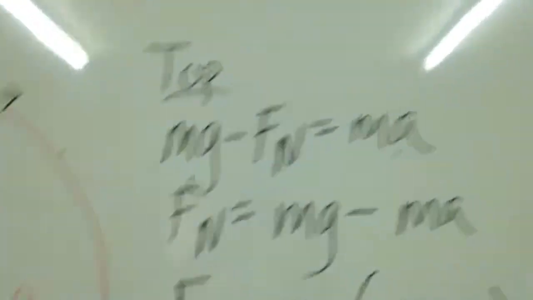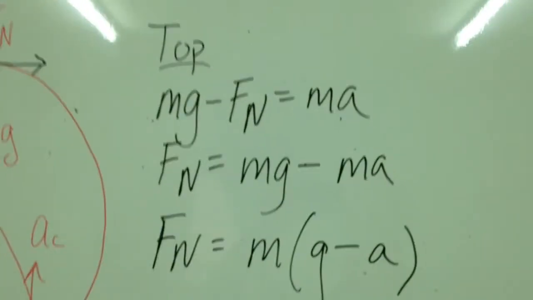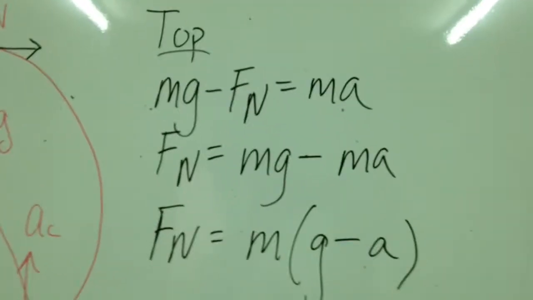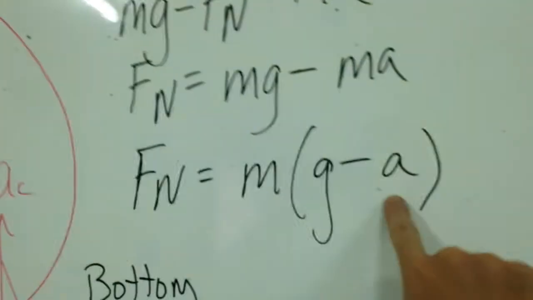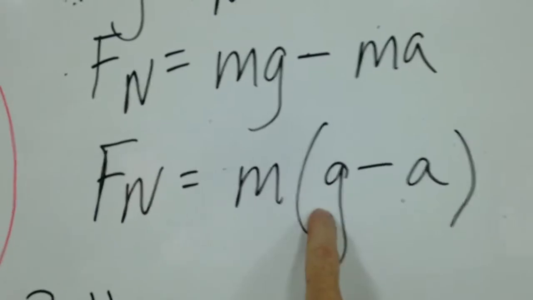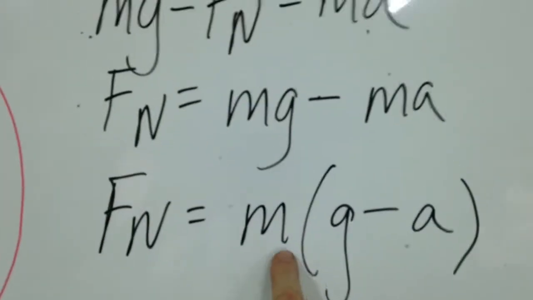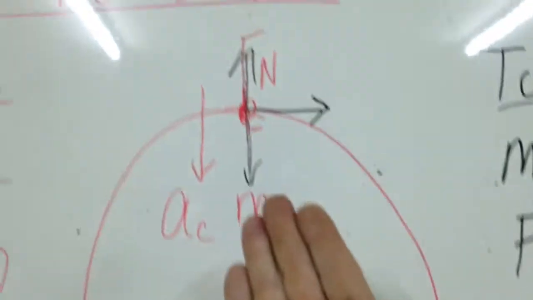At the top of the Ferris wheel, we have mg minus the normal force is equal to ma. So the normal force, when you algebraically rearrange this, you have the acceleration of the Ferris wheel, gravity, mass, and normal force at the top of the Ferris wheel.